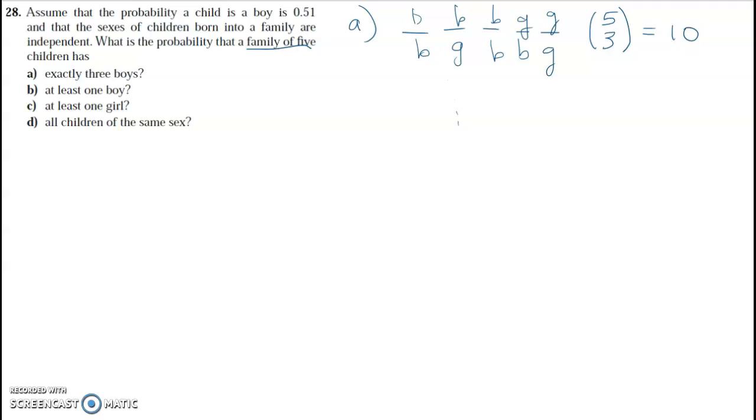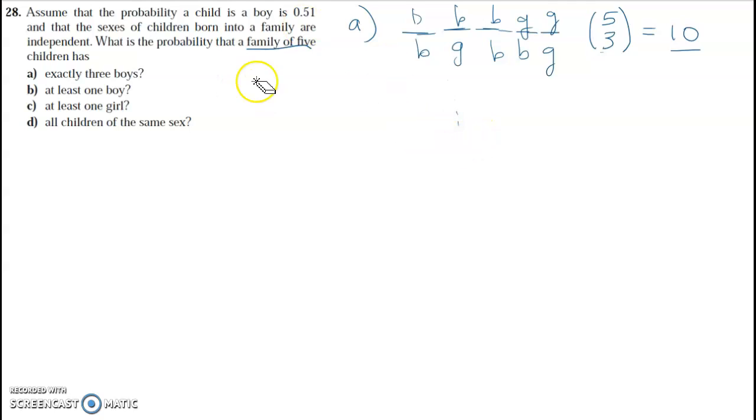If you do this, it will equal 10. So this tells us that there will be 10 different possibilities. Out of 5 spots, how many ways can I choose 3 of them and reserve those for boys.